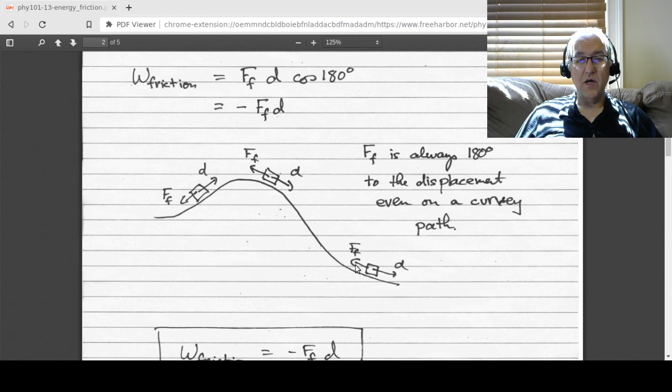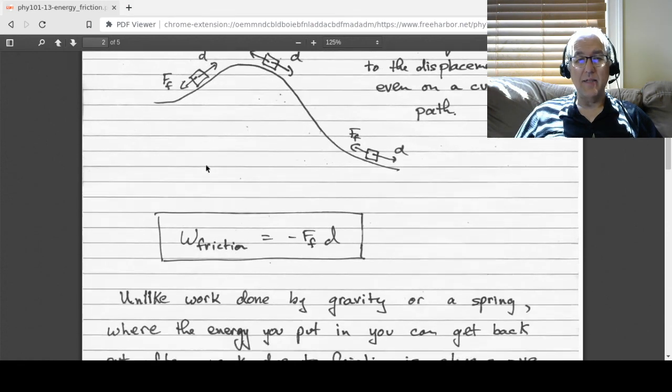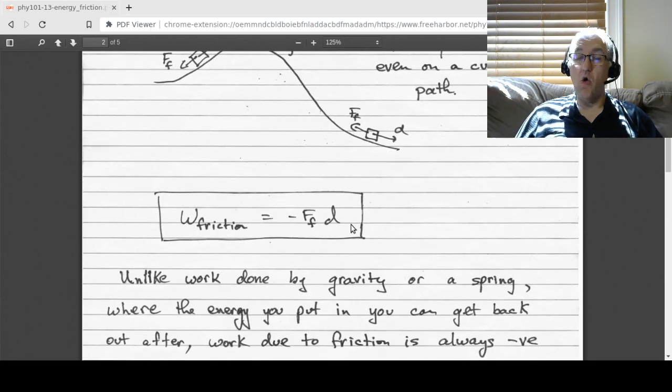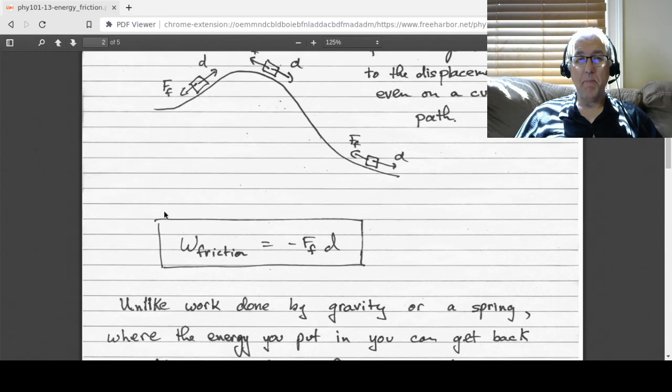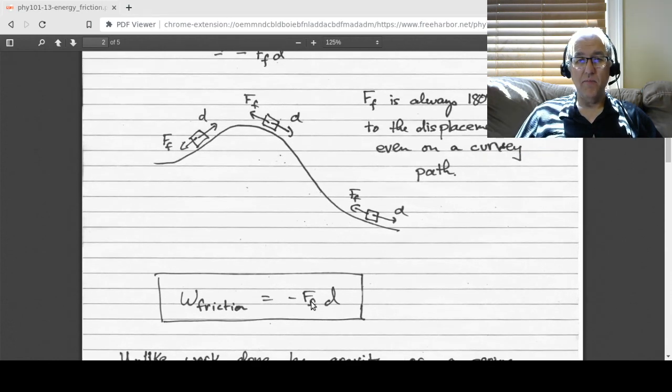So you just look at this entire path, and what you get is that the work due to the friction along the whole path is going to be the force of friction multiplied by d, where d is the length of the entire path. And I don't care how curvy it is, you've got to measure that entire length.